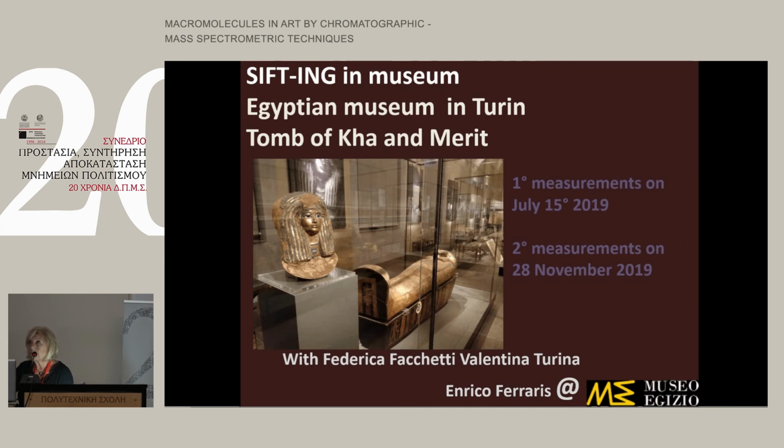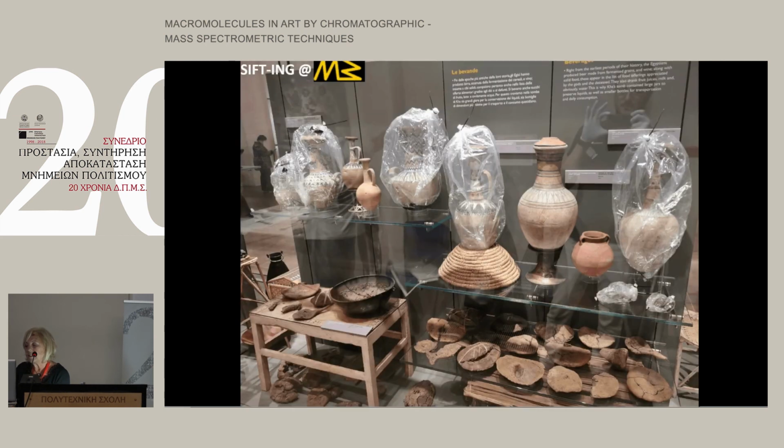Indeed, we are analyzing objects in the museum, the Egyptian Museum in Turin, and we made the first measurements last July, and next week we shall be there again to understand something more. You see here the museum, the tomb of Kha and Merit, which is one of the most beautiful things contained there.